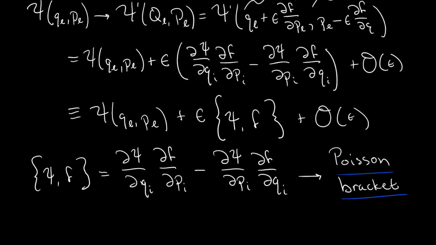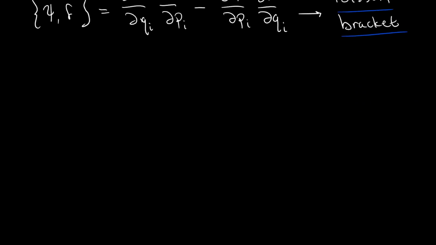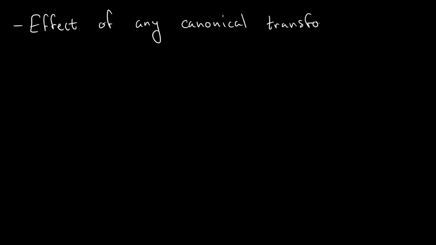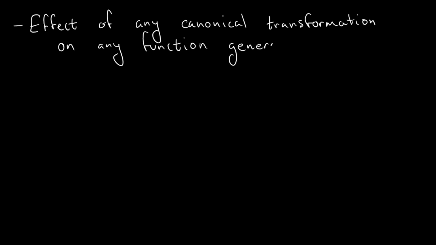And this is actually pretty cool, because let me just write this down again: the effect of any canonical transformation on any function is generated by the Poisson bracket.